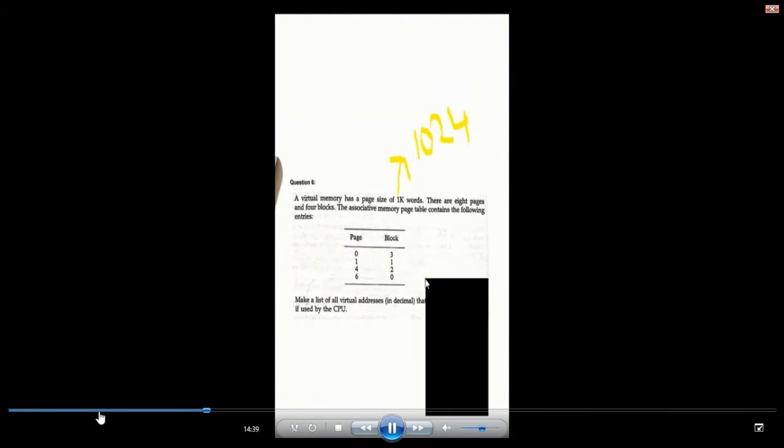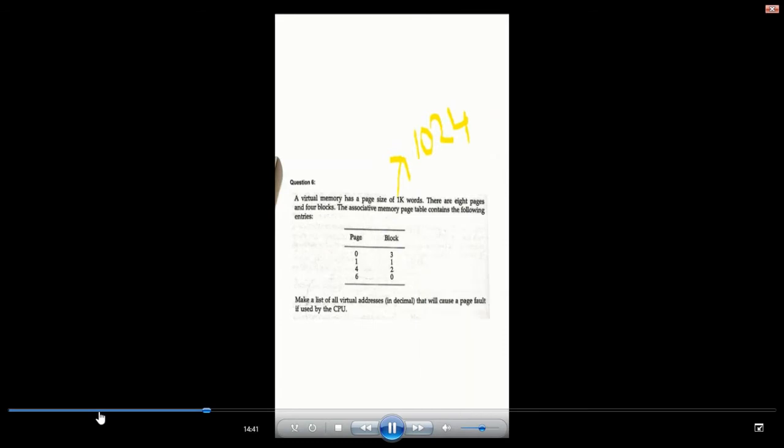Now, there are 8 pages. So he has given the total number of pages as 8. And 4 blocks. Now, let us understand the meaning of 8 pages. Pages means what? Remember, in memory management, you have a process. The process is always divided into pages.